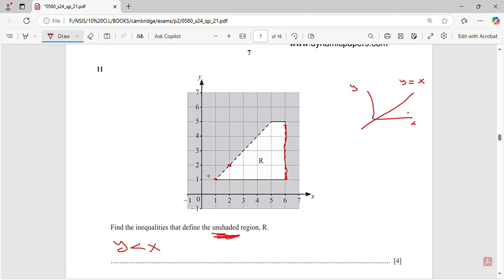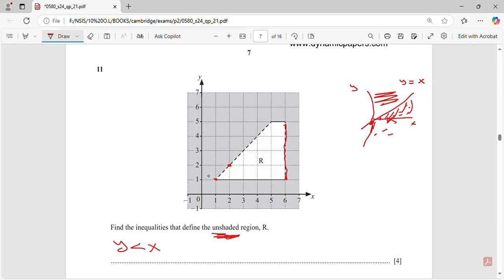I cannot shade this part or this part. But as long as I shade the part smaller than the line, any point in this shaded area is where x is greater than y, so it will be y smaller than x. But if I shaded the part above, it would be y greater than x. You understand this part?